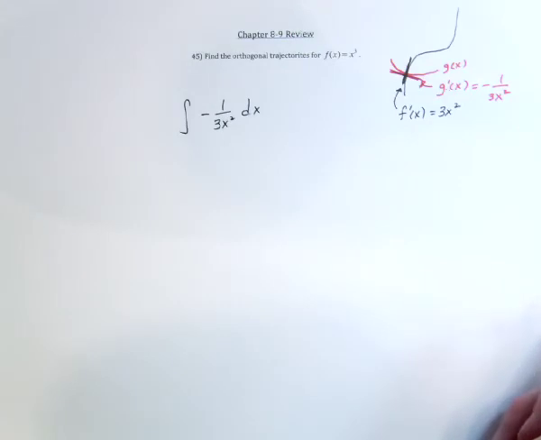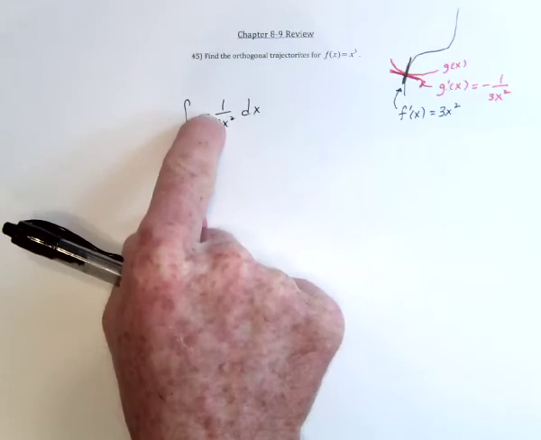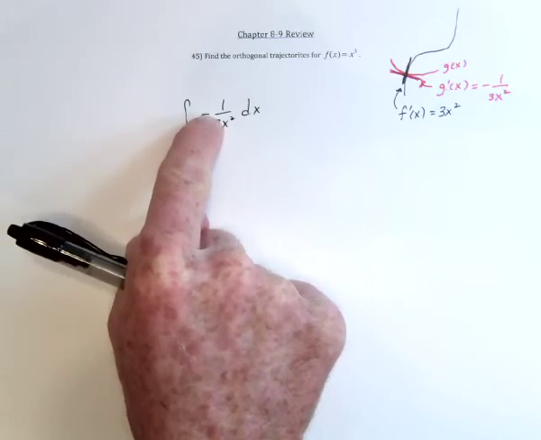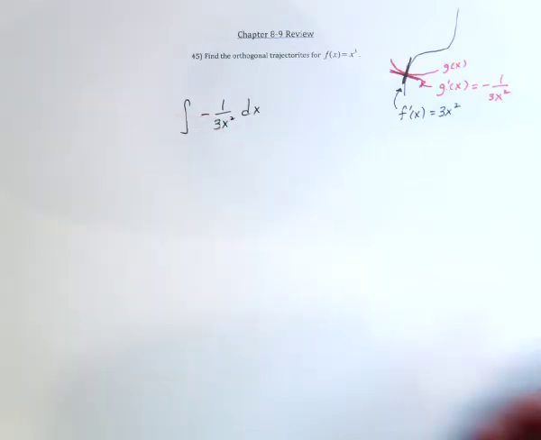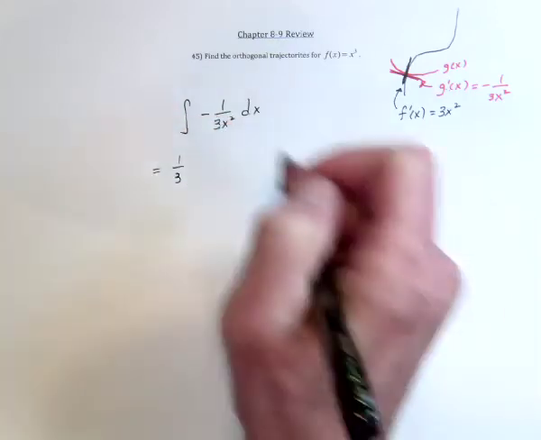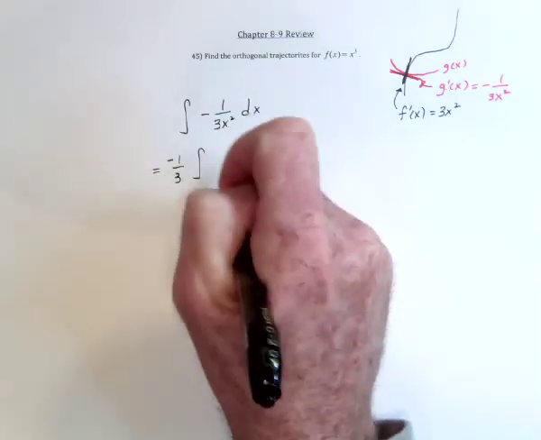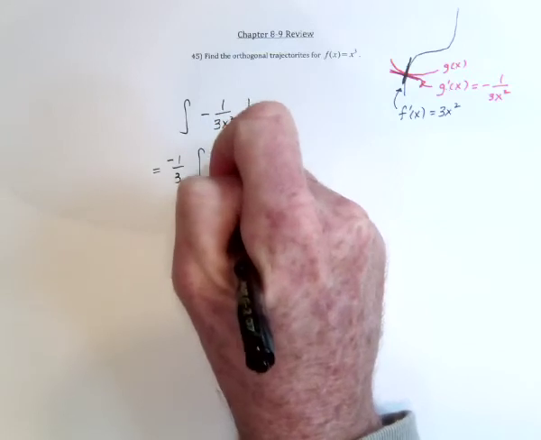So I could factor out the 3, and negative 1 over x squared, that's the derivative of 1 over x. If you don't see it that way, what you could do is factor out the negative 1/3 constant. For this, you could rewrite it as x to the negative 2.